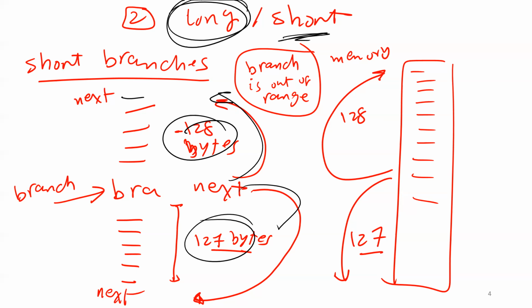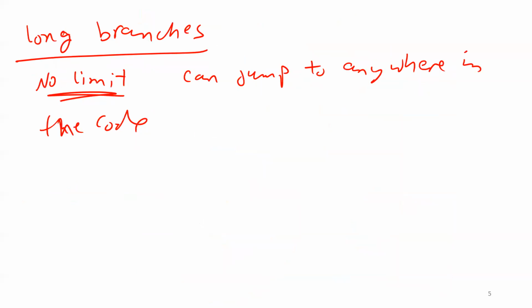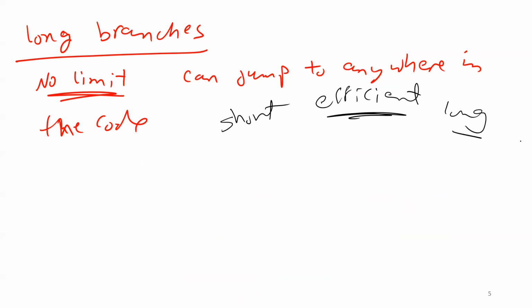However, you should understand, if I can use long all the time, why was short invented? Why was short made? I'm going to tell you why. Simply look here, guys. The idea is very simple. Short is much more efficient than long. I told you before, efficient means it takes less memory space and less time, right?